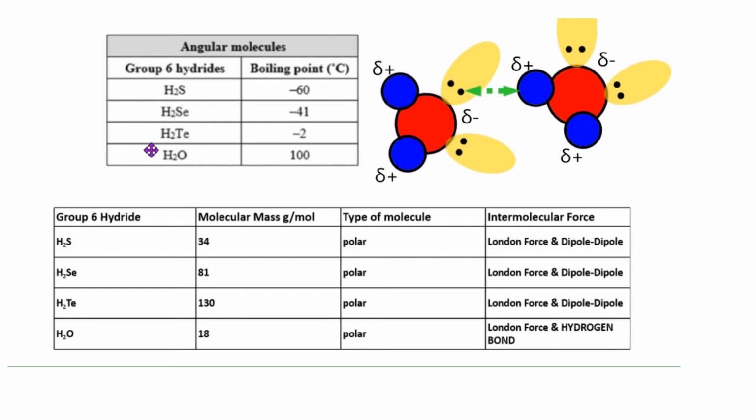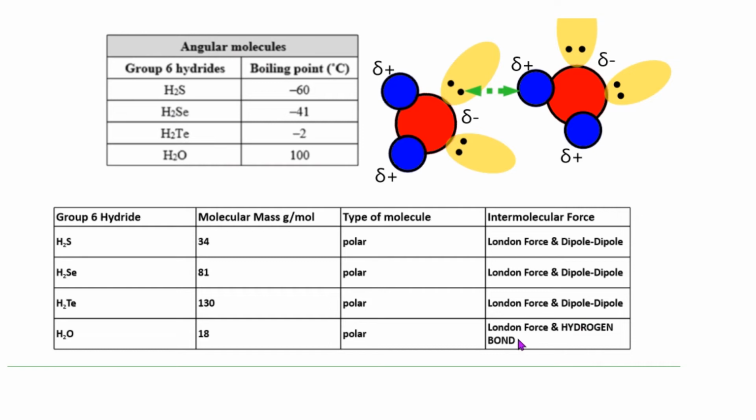And then we have water, and water is way above what we would expect for the boiling point. So it means we have a much stronger intermolecular force. And so it has the same shape as discussed over here. It will have London forces because London forces are in everything, but the dominant, stronger, specialized dipole-dipole force is called the hydrogen bond.